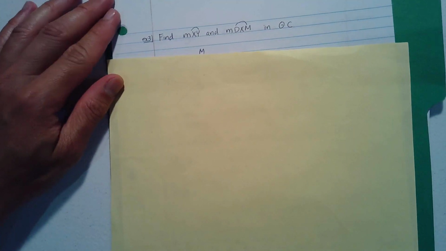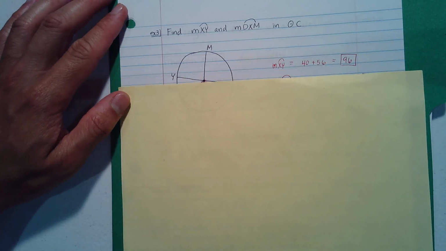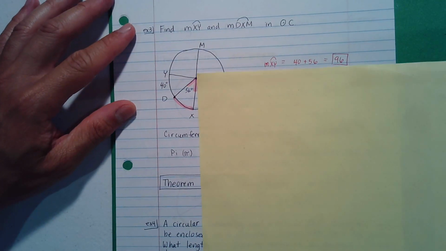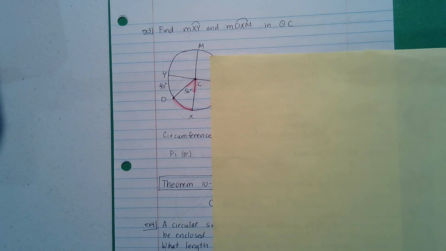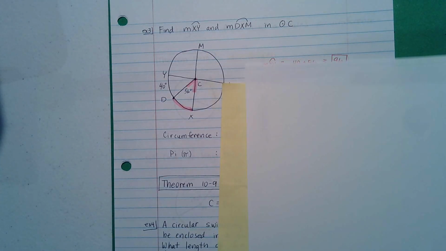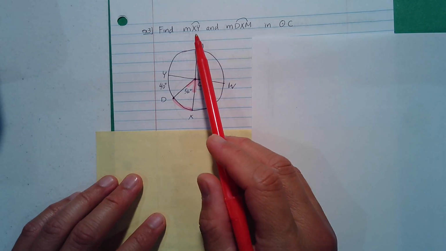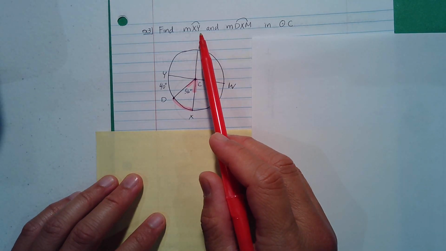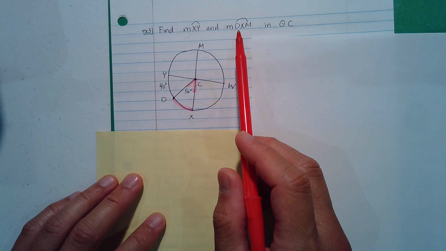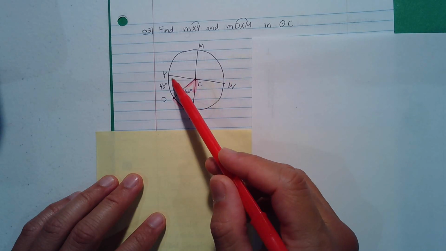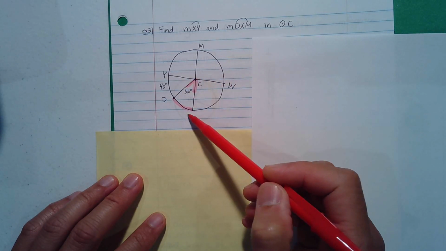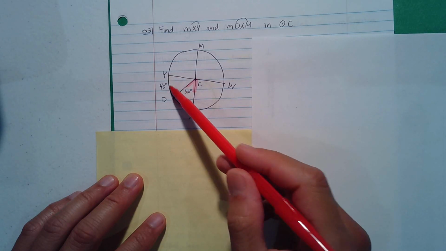Example 3, they want us to find the measure of arc XY and the measure of arc DXM. So here is XY.